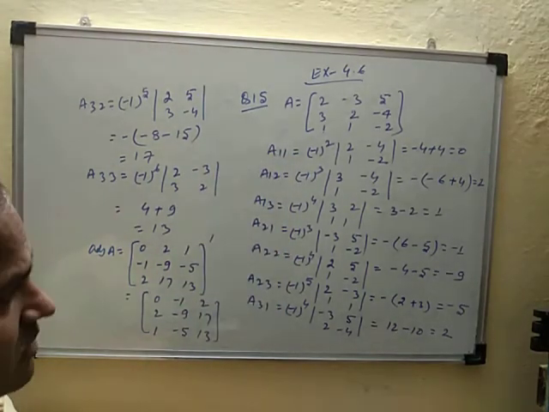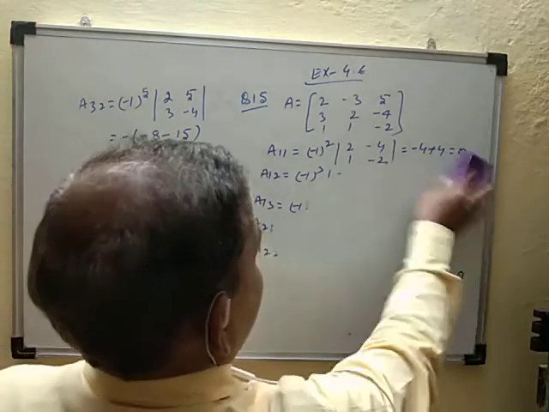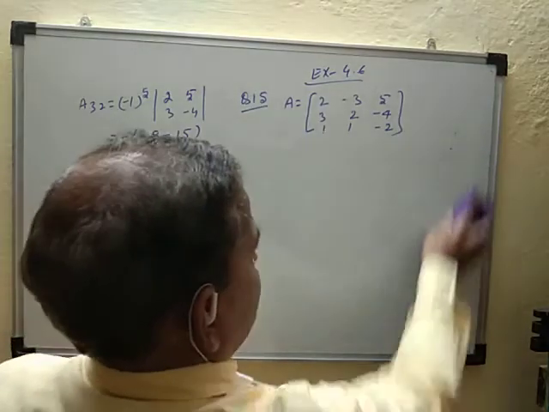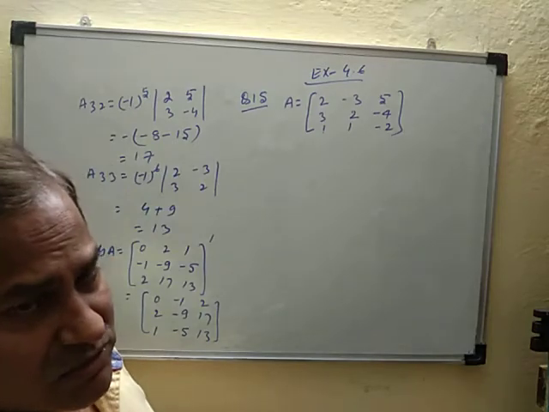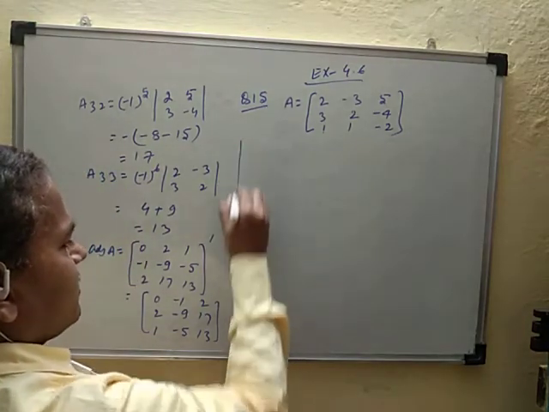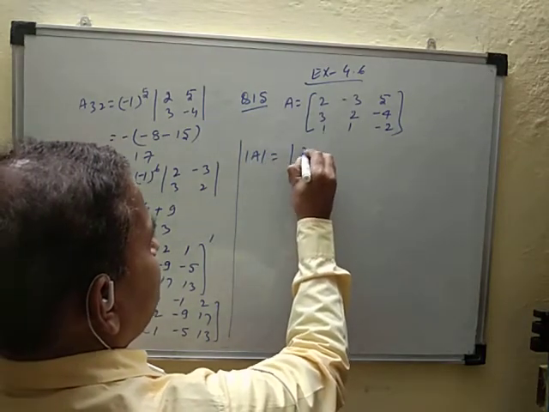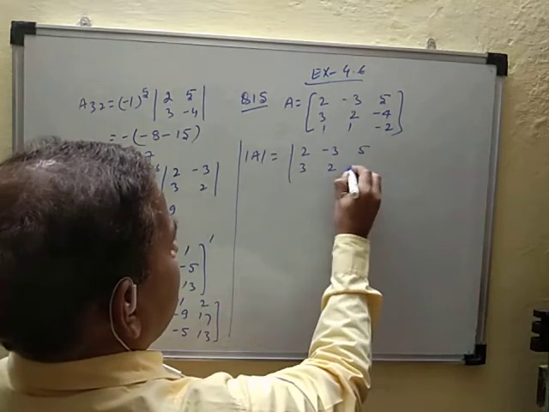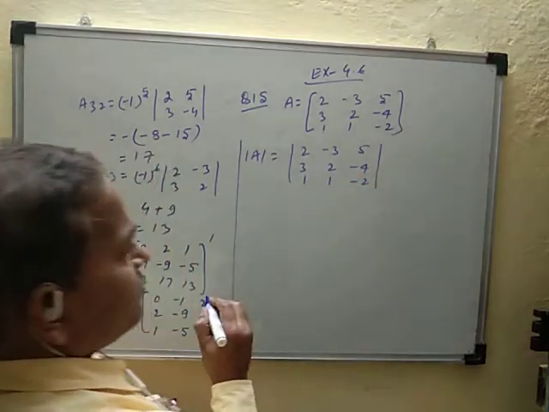So now find determinant of A. ऐसे आप फर्स्ट पहले डिटर्मिनेंट वैल्यू फाइंड कर लेना, तब निकालोगे कोफैक्टर. So determinant of A is determinant of 2, -3, 5, 3, 2, -4, 1, 1, -2.